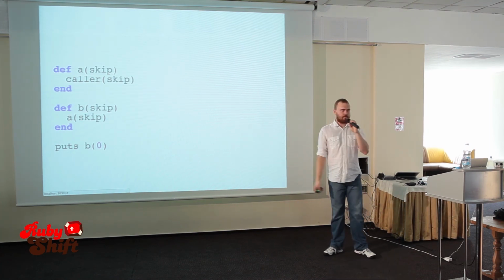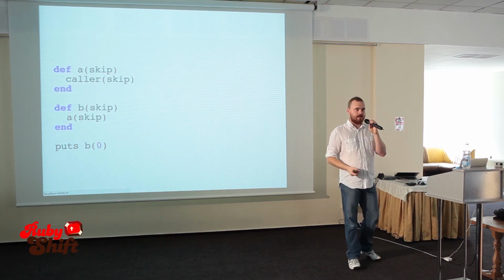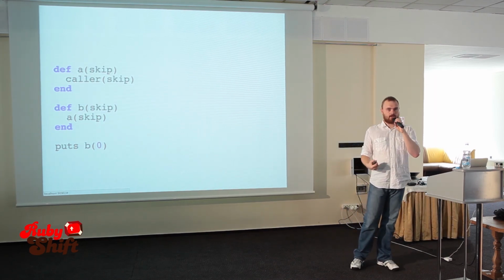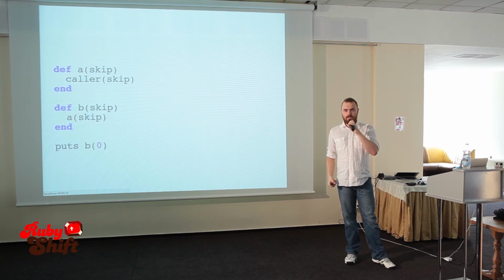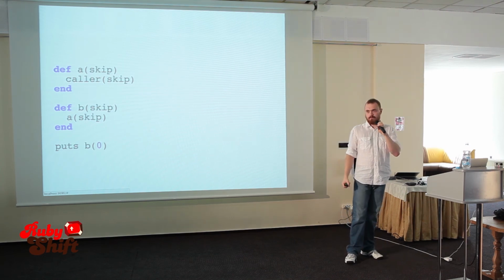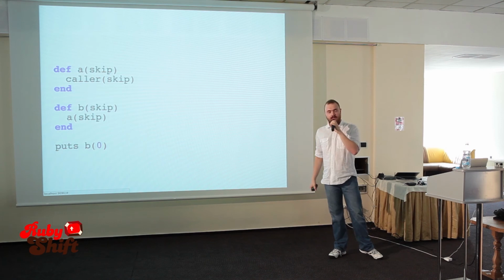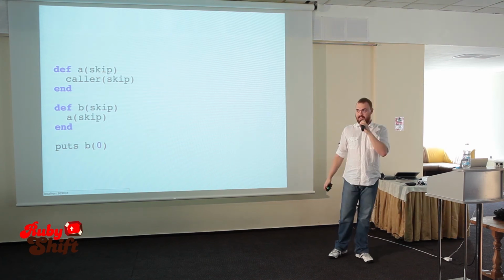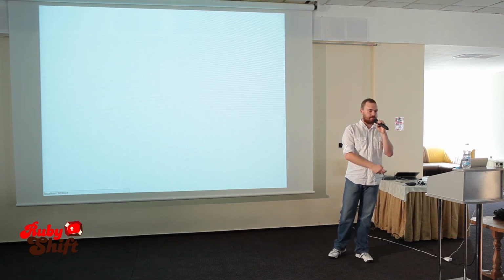Let's take this code. We have two methods: method a, which calls caller, and method b, which calls method a. I know, not so clever. And then we call this b method. So the result of this program will be a backtrace.